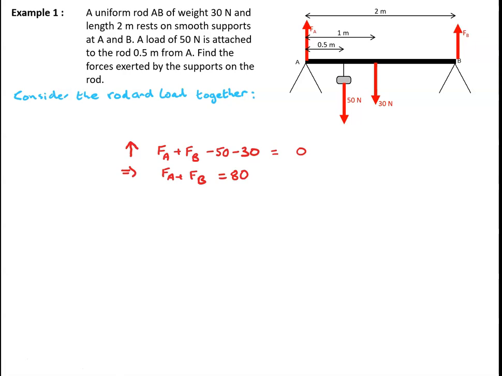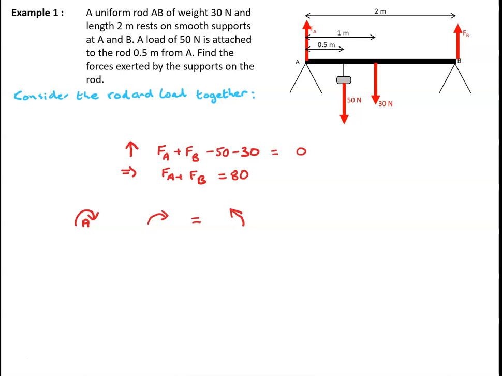Then we can take moments about any point. I'm going to choose to take moments about the point A. The resultant moment about the point A must equal 0, but we're going to calculate this using the fact that the clockwise moments must equal the anti-clockwise moments.